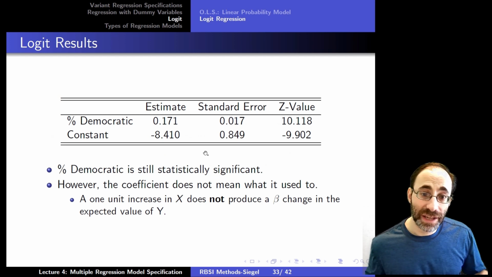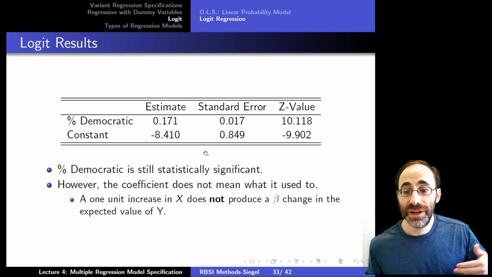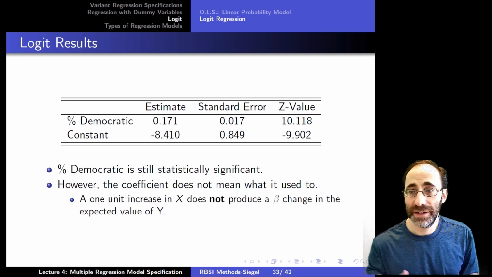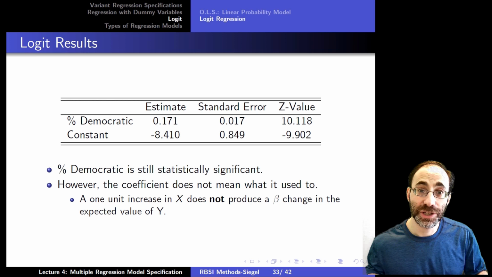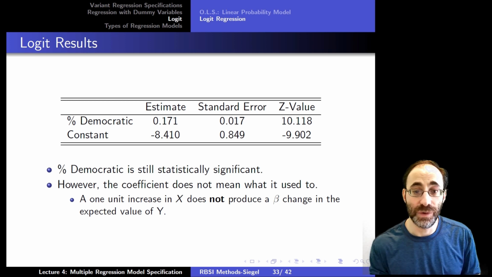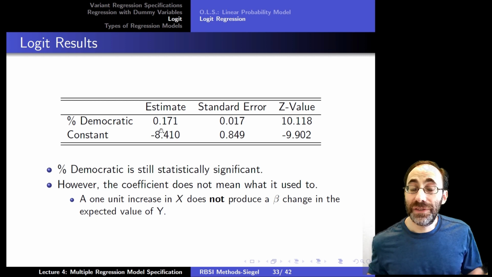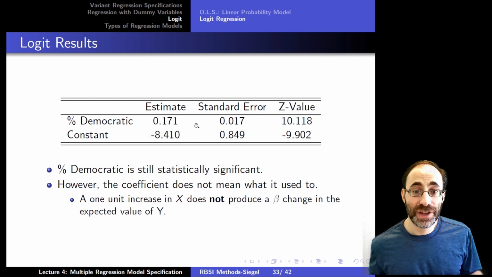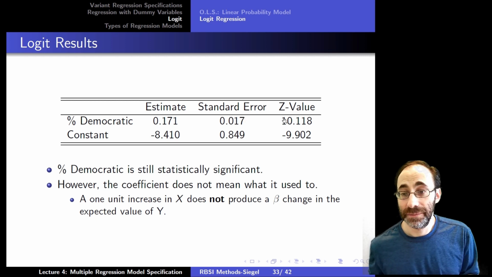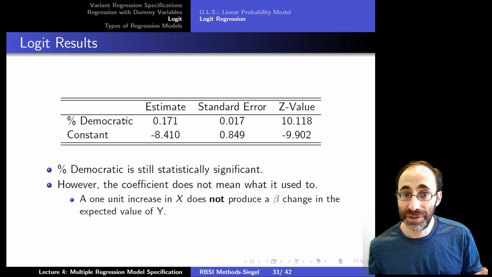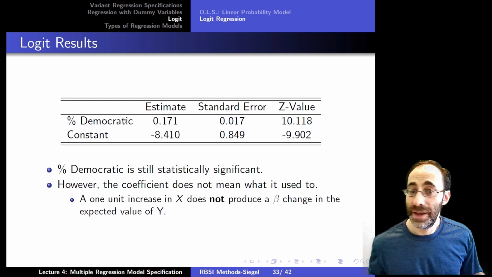We can run the same approach with the Logit instead of the linear probability model. All standard statistical packages like R and Stata have Logit built in. You just run a Logit instead of a linear probability model. You get a different estimate for the Democratic candidate. You get a standard error. You get a z-value. The z-value tells you, as before, if this independent variable is a significant predictor of the dependent variable.